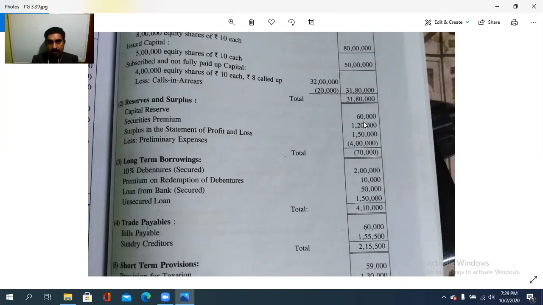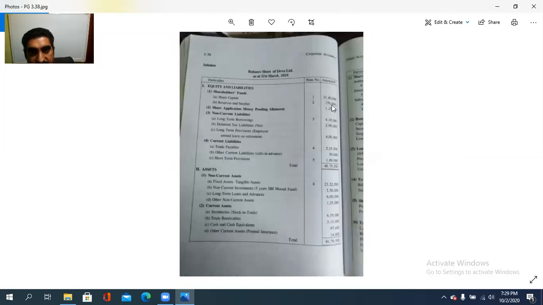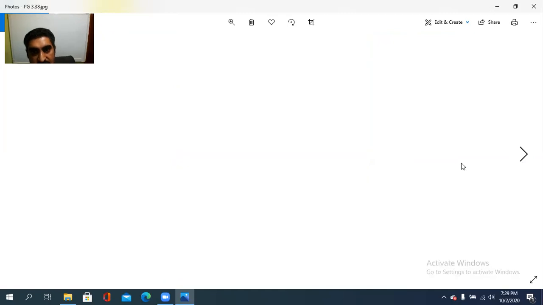Then take the total, 150 plus 120, 270 plus 60, that will come 330. 330 minus 4 lakh, the less preliminary expenses is there. So 70,000, there is a surplus, that is to be put as minus 70,000. Look, minus 70,000. Clear?